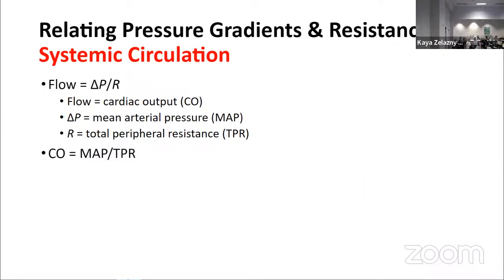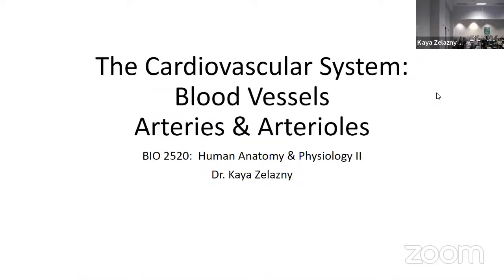So we will continue to talk about that as it becomes relevant and as we vary these different properties. But for now, we are going to break into talking about our blood vessels. So go ahead and switch over and talk about our arteries and our arterioles first.